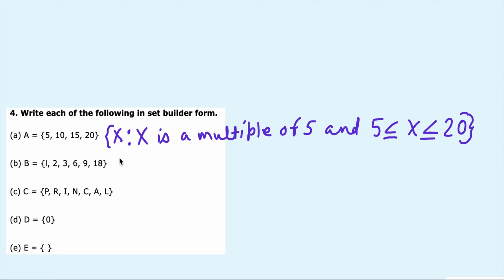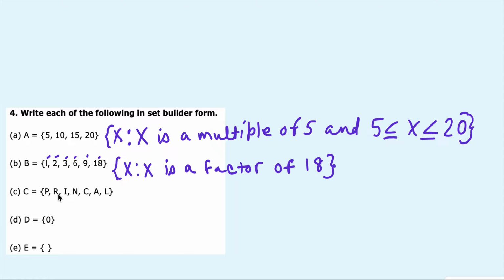Next one, we see the numbers 1, 2, 3, 6, 9, 18. So for that, we can see this 1, 18, 2, 9, 6, 3, which are the factors of 18. So we can say that x is such that x is a factor of 18 as well.